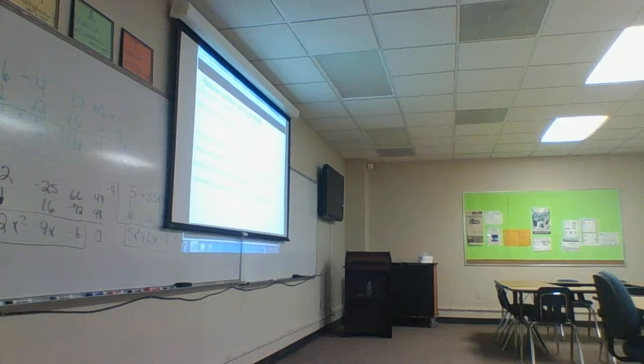So the denominator gives the vertical, and the horizontal is comparing the numerator and denominator. If the top one is smaller than the bottom one, the asymptote is y equals 0, and if the larger one is on top, you divide, and whatever the new polynomial is, that's your y equals mx plus b.